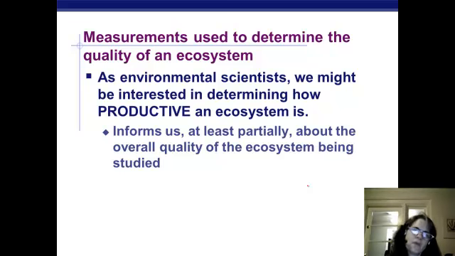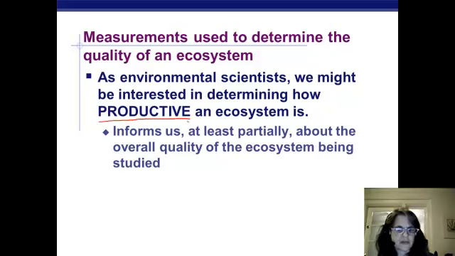Now, if we want, as ecologists, to determine the quality of an ecosystem, one of the things we might be interested in measuring is how productive that ecosystem is. That is, how much organic compound, sugar, is getting made in this ecosystem by the producers.